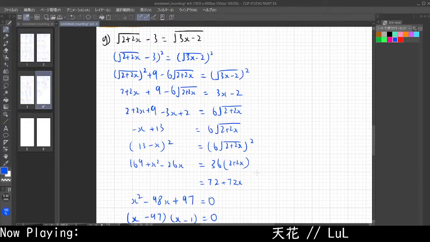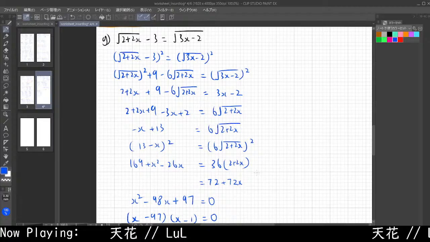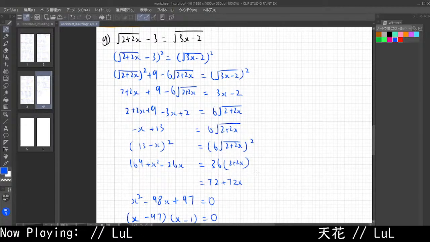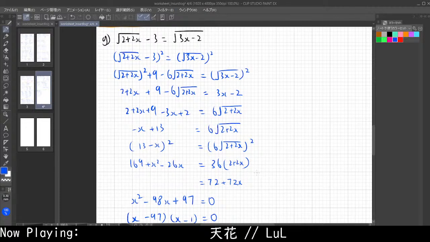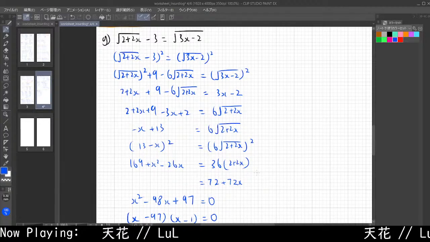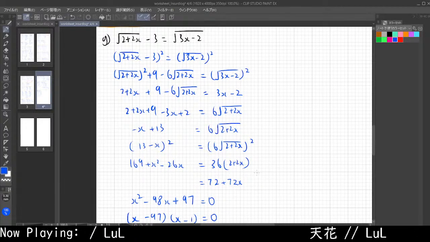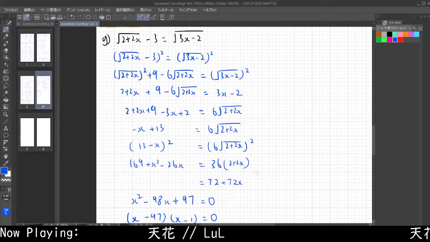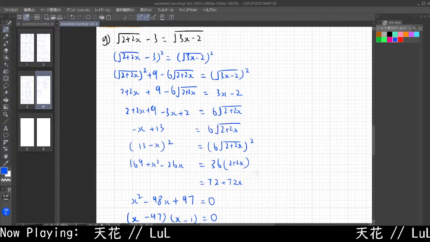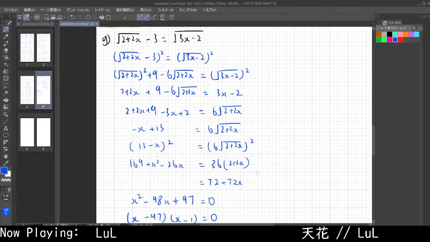Oh no. Both answers are incorrect. Why is this the case?